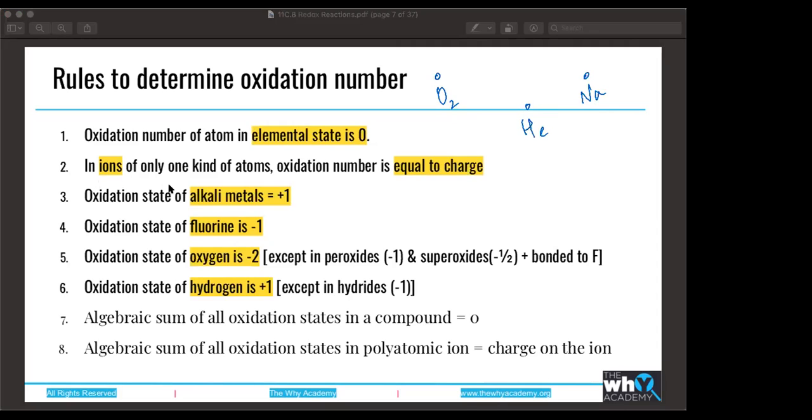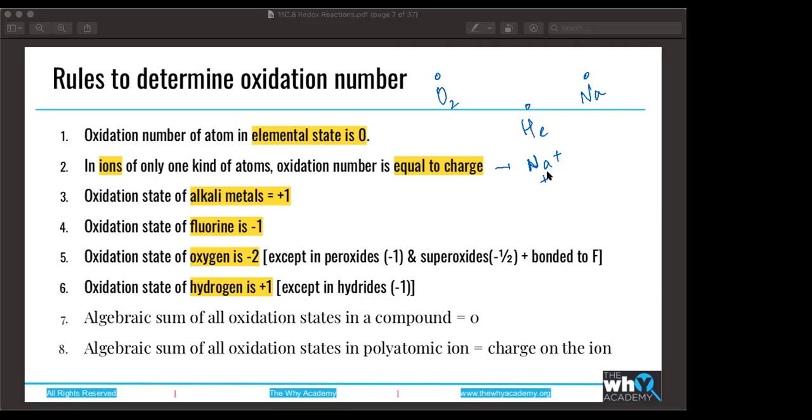In ions of only one kind of atom, the oxidation number is equal to the charge. So if I've got Na+, what is the oxidation number of the sodium ion? +1. Always when you talk about oxidation state, you also need to mention the sign, the charge it has.